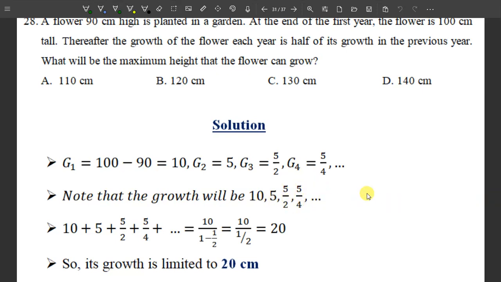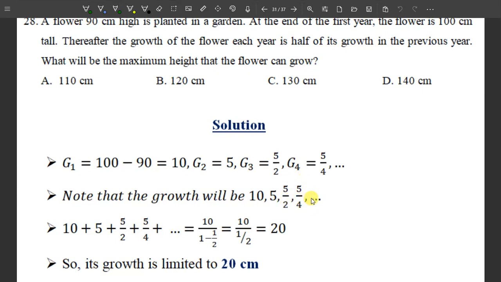If it continues like this, since this is a geometric sequence, let us add this series. The first term is 10, the second term is 5, the third term is 5 over 2, and therefore this is a geometric sequence, since when 5 is divided by 10 it gives us 1 over 2, and 5 over 2 divided by 5 gives us 1 over 2, and 5 over 4 divided by 5 over 2 gives us 1 over 2, and so on.